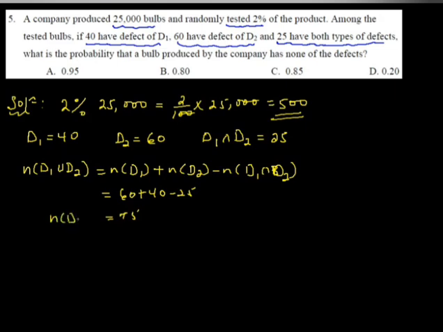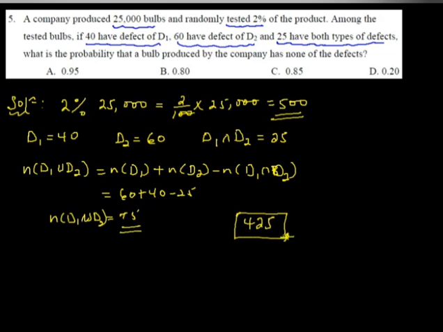So out of these 500 tested bulbs, 75 have defect D1 or D2 or both. That means 425 bulbs are normal, they are defect free.